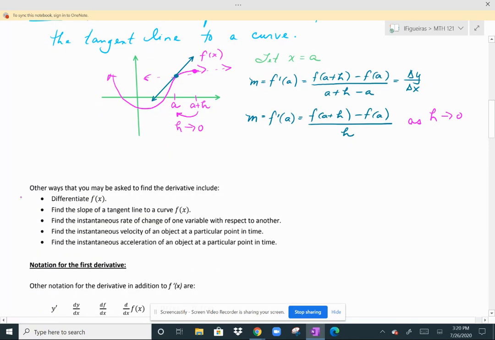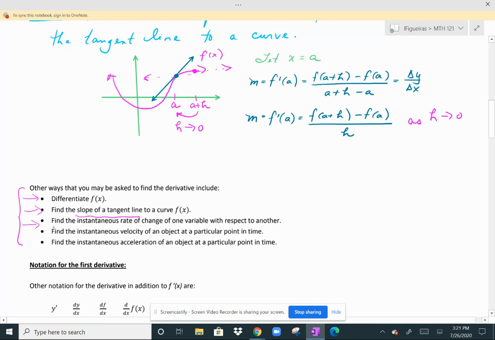So here are different ways that you may be asked to find the derivative. You might be asked to differentiate f of x. That means find the derivative. You might be asked to find the slope of a tangent line to a curve at f of x. Remember, the slope of a tangent line is the derivative.